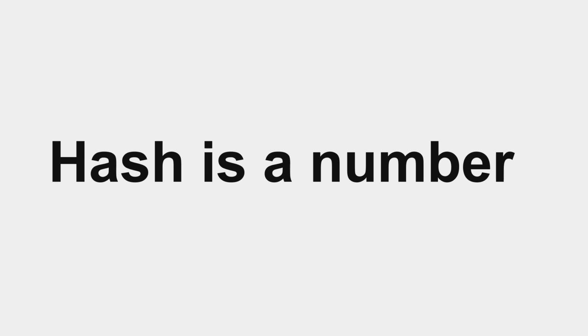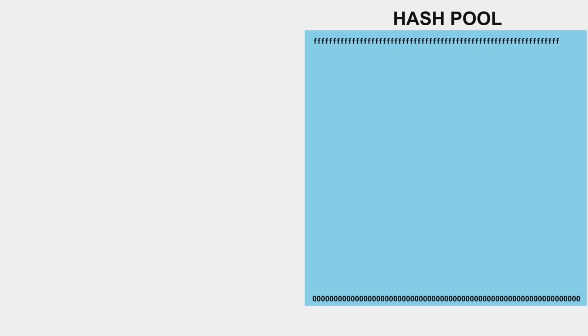So now we know that a hash is a number. What does that give us? Why is it so valuable? Well, since we know that a hash is a number, we can illustrate it. We can draw hashes. Here we draw a pool of hashes. This pool contains all the possible hashes. At the bottom, we have the smallest one, and at the top, we have the largest one.